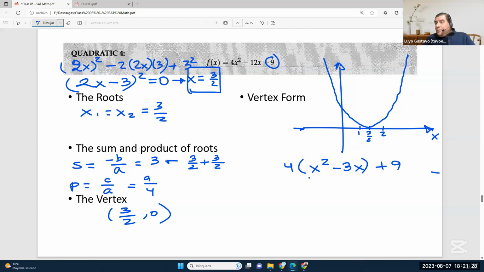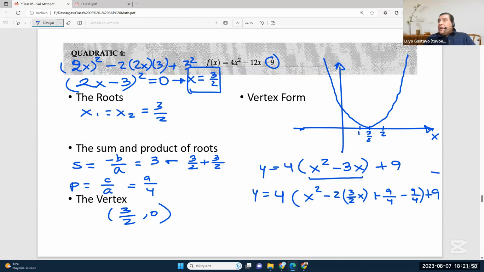Okay, let's complete the square trinomial here. You have x squared minus 2 times 3/2 of x. And we need here the square of the second term, which would be 3 over 2. That is to say 9 over 4. Take away 9 over 4. This multiplied by 4 and plus 9. This is y here.